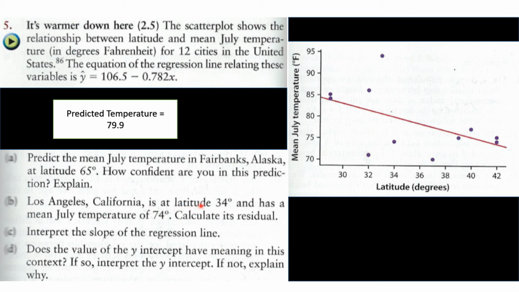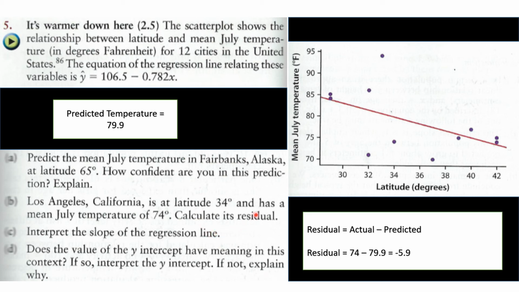So LA, California, latitude of 34 degrees, its predicted temperature is therefore 79.9. We want to find the residual. The residual is just going to be the actual temperature minus the predicted temperature. The actual temperature was 74, and the predicted temperature was 79.9. So our residual is going to be negative 5.9.